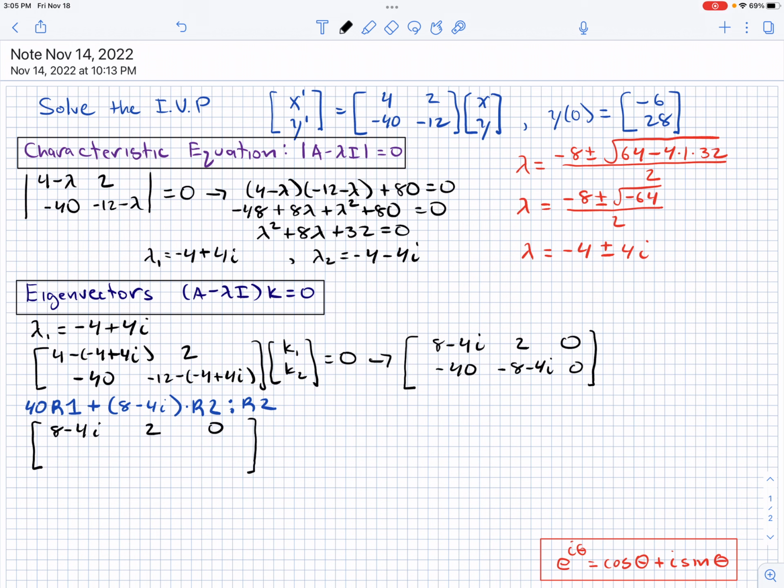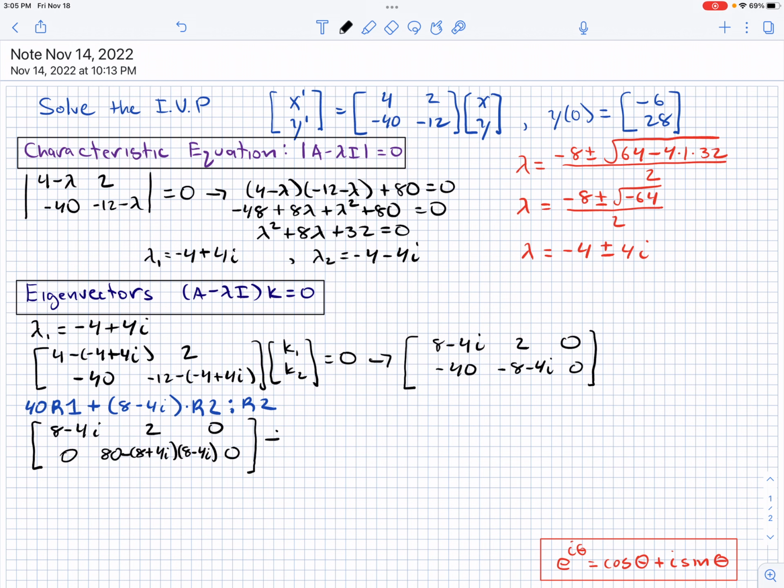The second row, second column is going to be 80 minus 8 plus 4i times 8 minus 4i. When you factor out a negative from there, that just made it nicer, which does create a conjugate, so the i's are going to cancel out there.